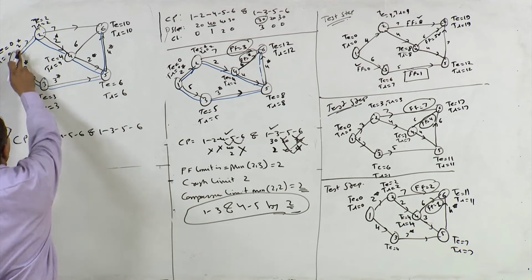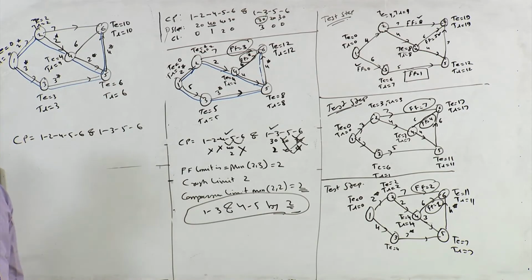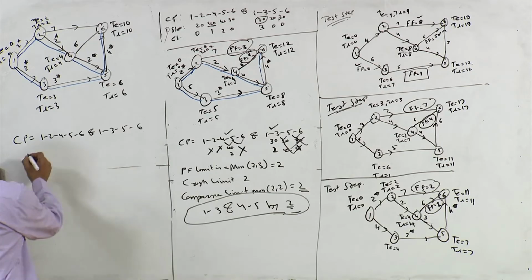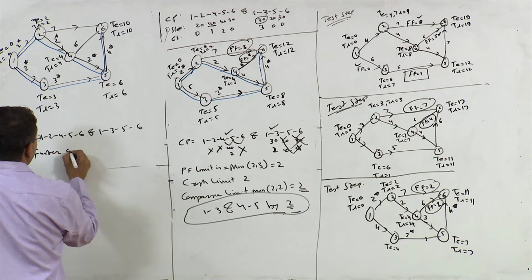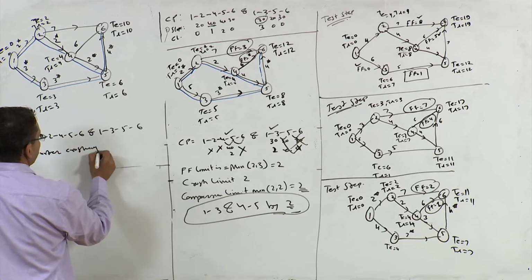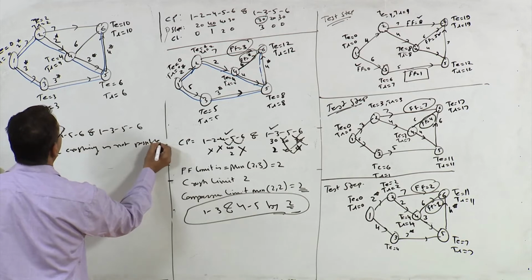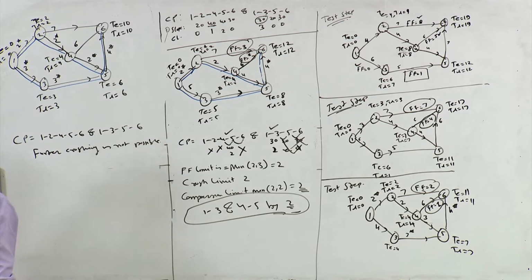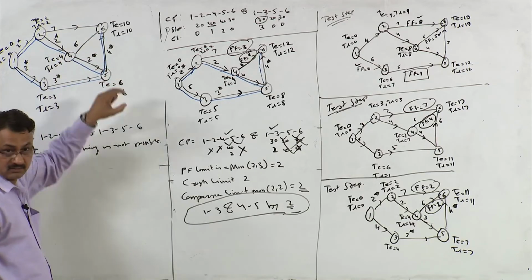And on all these critical paths you have exhausted all crash limits. So further crashing is not possible. Why? Because you have exhausted all these crash limits, right?